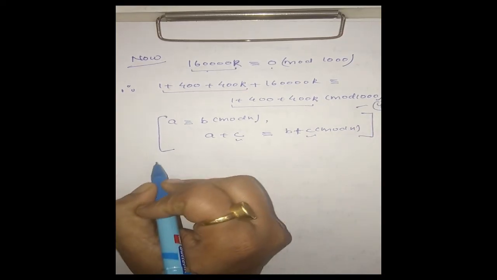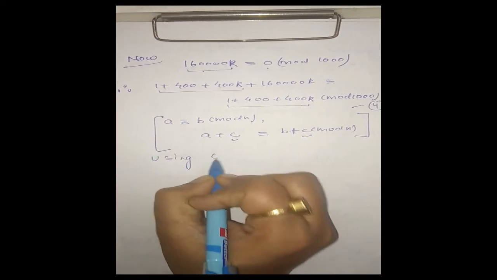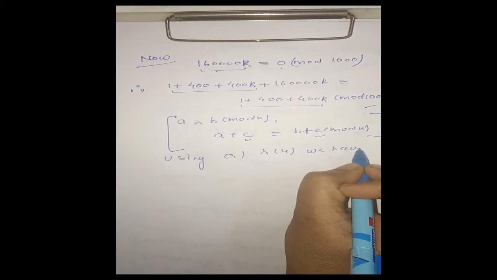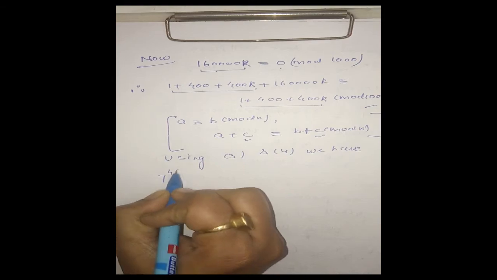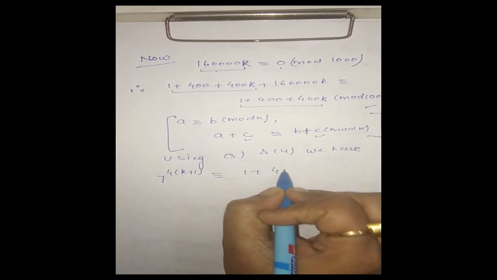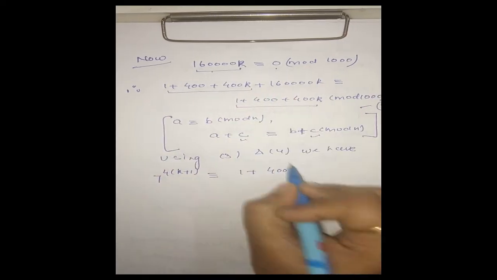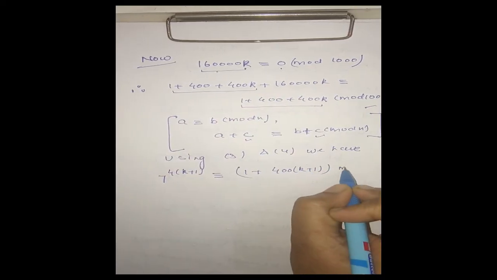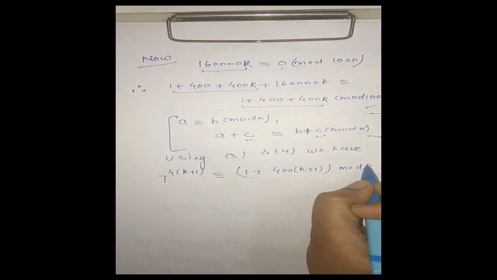Now using 3 and 4, we have 7 power 4(k plus 1) is congruent to 1 plus 400(k plus 1) modulo 1000.